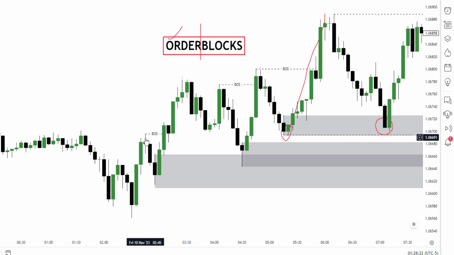As price was coming down, it printed a sell candle that was quickly engulfed by the bullish candle next to it. Price printed down to the lowest area and quickly came back. Now we have a bullish candle that completely engulfed this sell candle, which makes it a valid order block. And from here, you can see price even creating a break of structure.